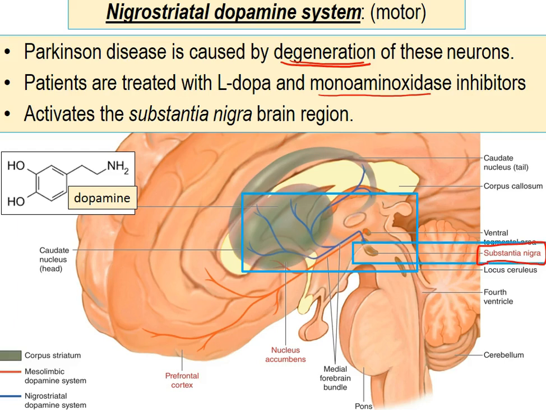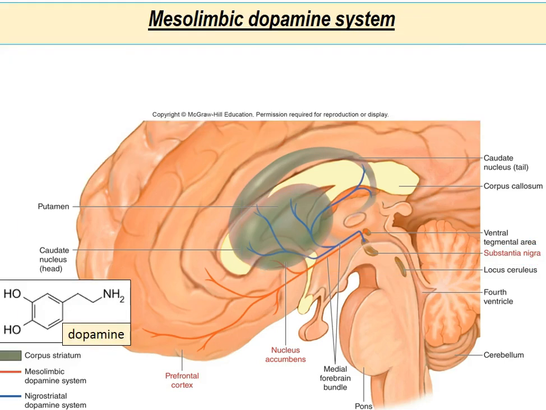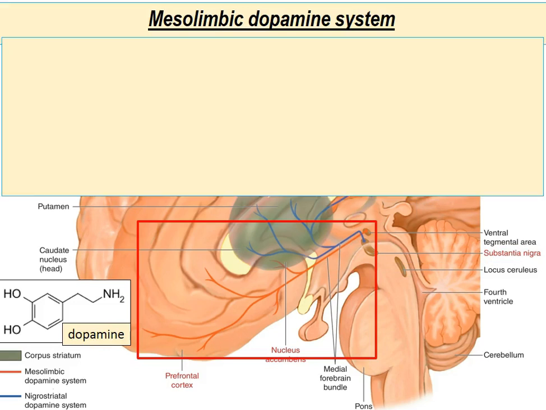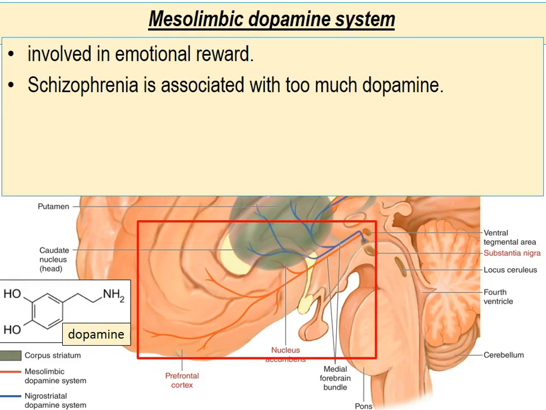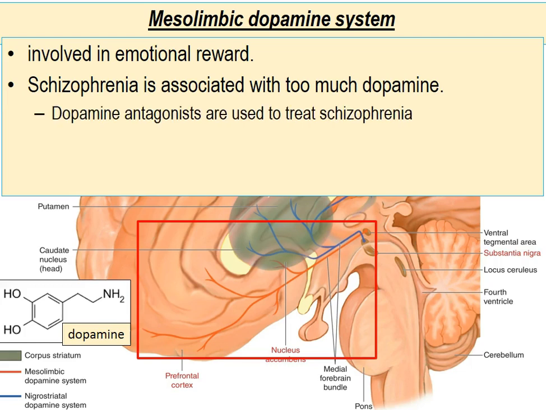And then you have the mesolimbic dopamine system, which is for emotional reward. Schizophrenia is associated with too much dopamine, and so dopamine antagonists are used to treat schizophrenia. This area is from the ventral tegmental area to the prefrontal cortex.